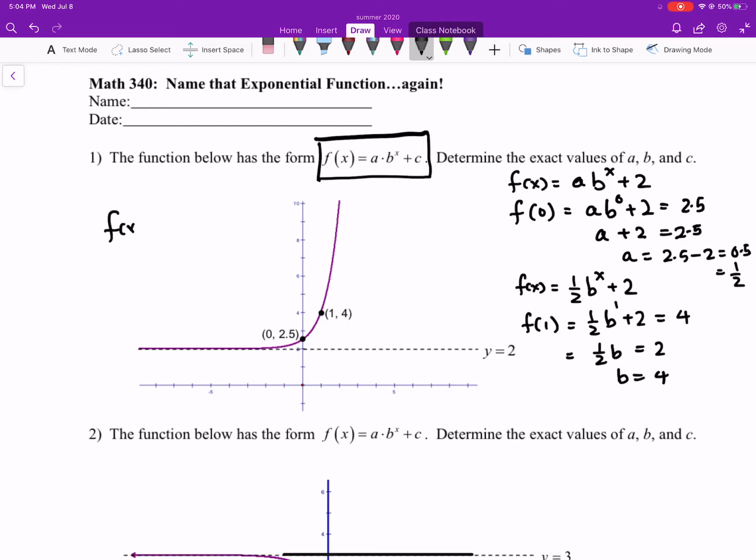So f of x reads 1/2 times 4 raised to the x. So it looks like we had a vertical shrink, and then the exponential function was 4 raised to the x. So we shrank the graph of 4 raised to the x by a factor of 1/2.